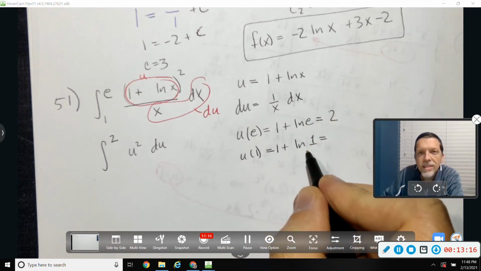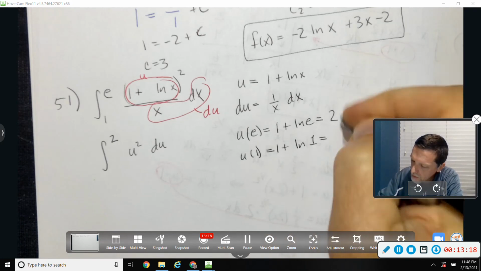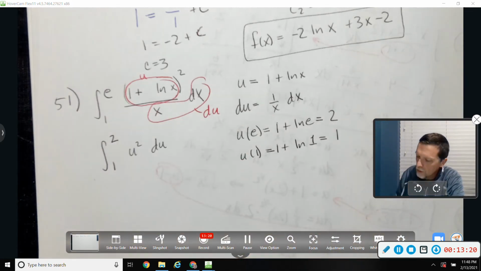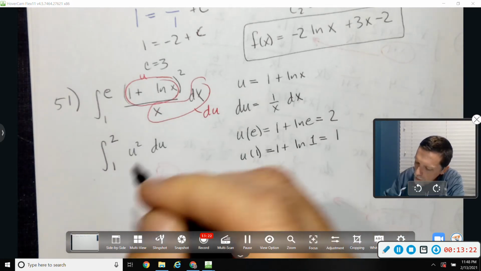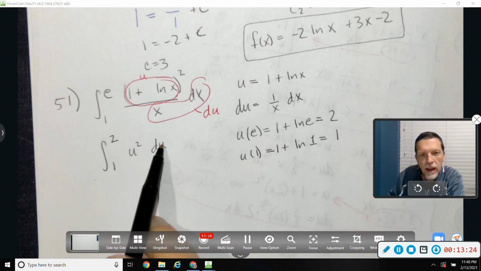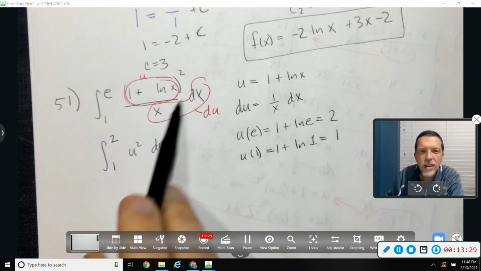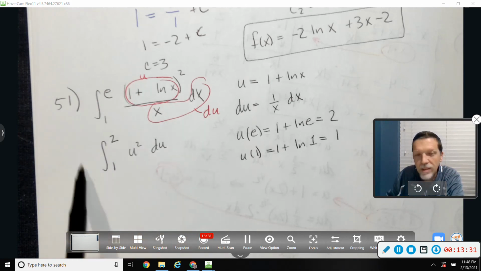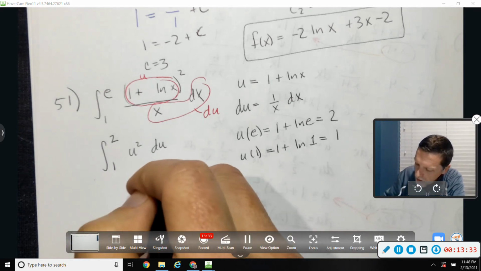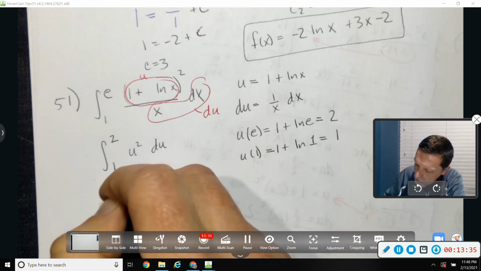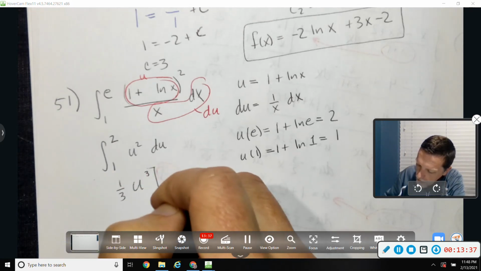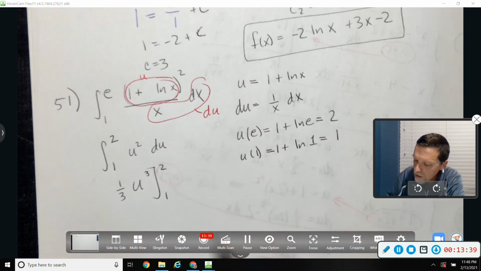Natural log of 1 is 0. 1 plus 0 is 1. So my lower limit is still 1. And now we've changed this from really ugly looking natural log stuff to a pretty simple power rule thing. u cubed over 3. And I'm going to use 1 and 2 because those are u values.